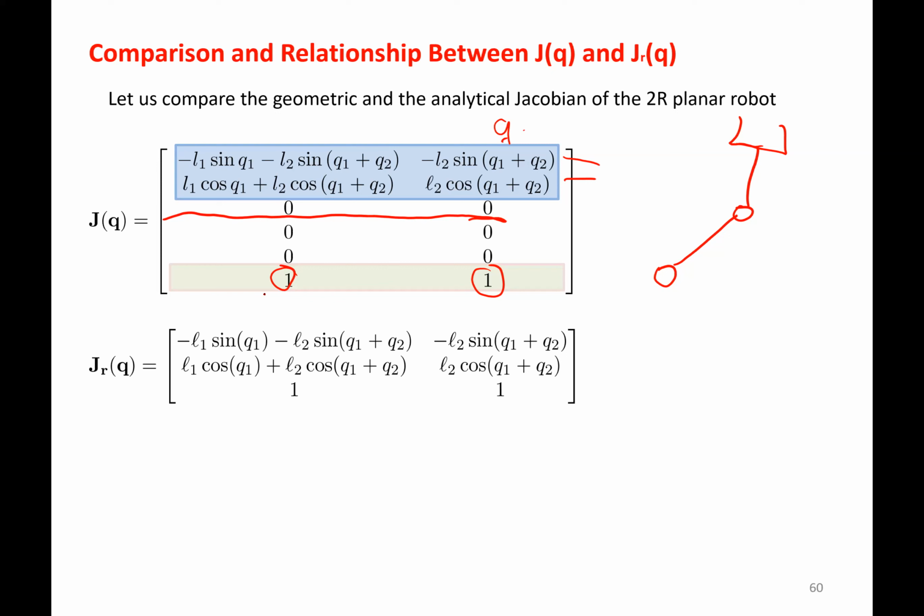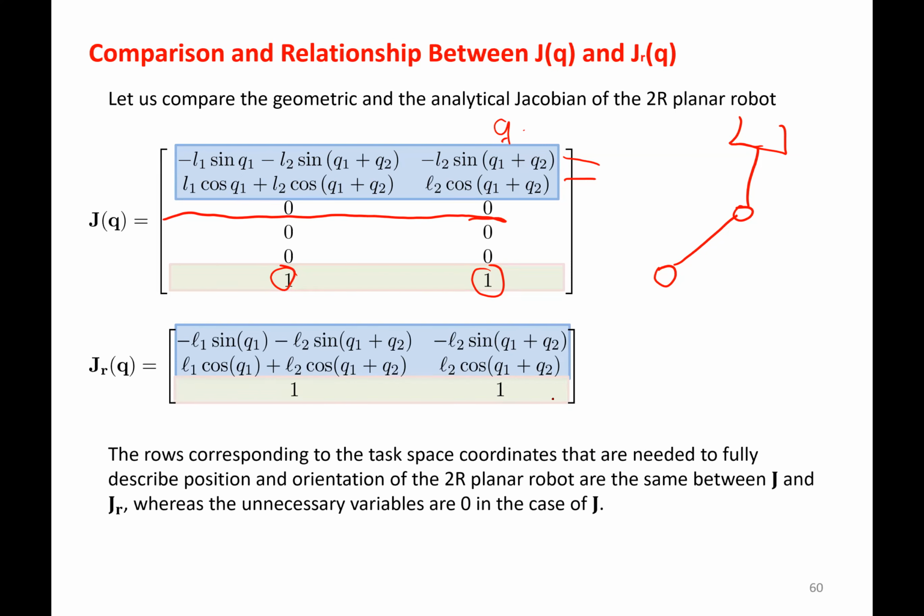Now let's look at the analytical Jacobian that we derived before, which was based on the partial derivative of the direct kinematics function with respect to the task space. And we see that the analytical Jacobian is basically made of the rows that have significant values of the geometric Jacobian. I'm just highlighting this in the same colors.